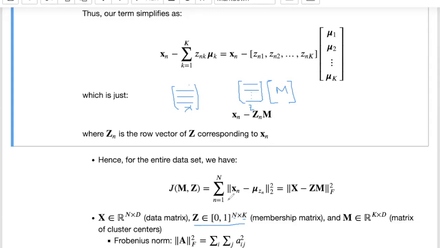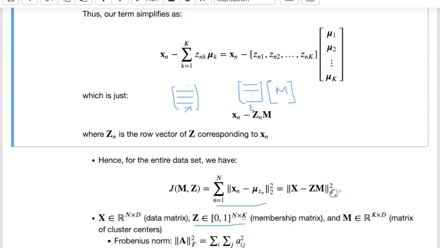And we can either write this as the sum over the n individual data points. But again, the goal in machine learning is always to be able to write things as compactly as possible. And we can do this using what we call the Frobenius norm. So we have the matrix X minus Z times M. And since we are looking at this sum of the Euclidean squares, we can use the Frobenius norm.